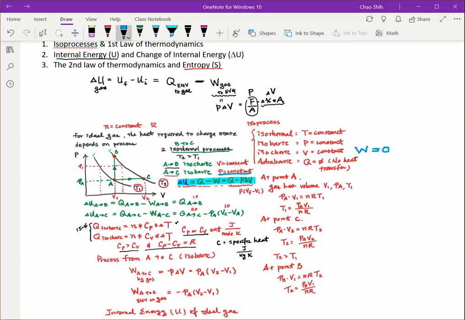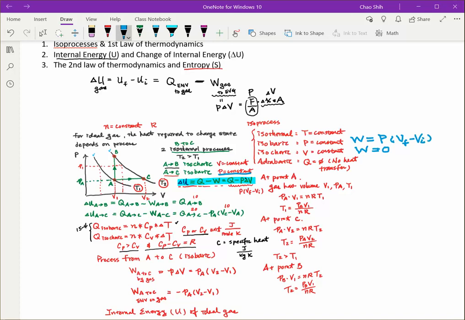If pressure is a constant, then how do we calculate work? Well, it's actually easy for us to calculate work. This is P, and the change of volume will be V final minus V initial. That's just based on the change of volume. Then you can calculate work.